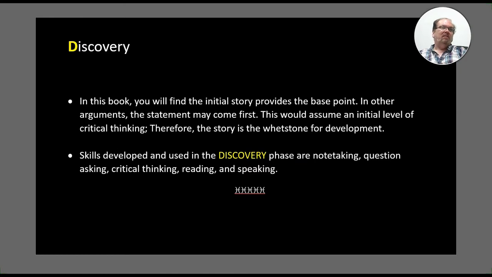Skills developed and used in the discovery phase are note-taking. As I said, that's number one. Question asking. If you do note-taking, you can ask better questions, because now you have something to ask questions about. Not just random, easy little questions, but questions specific to your argument.